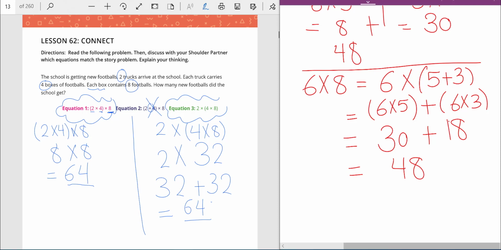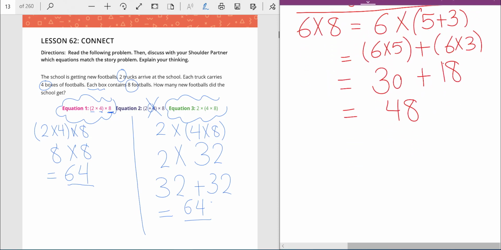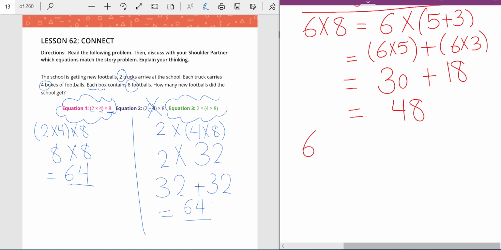We can solve this with the distributive property in many ways. We can distribute 8 into 4 plus 4, like 6 times 8 equals 6 times 4 plus 6 times 4. And the table of 4 is easier than the table of 8.